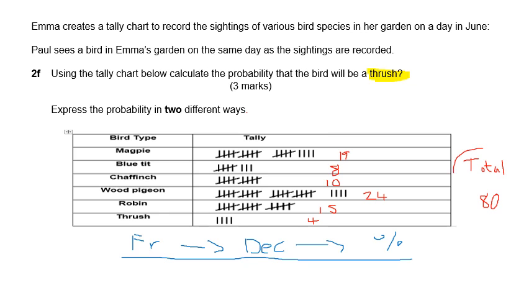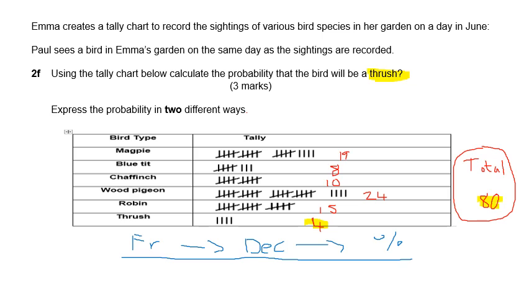So for us to work out the probability that the next bird will be a thrush, our two key numbers are 4 and 80.